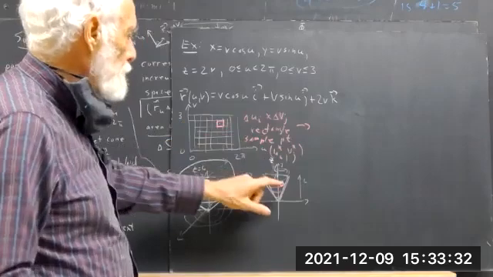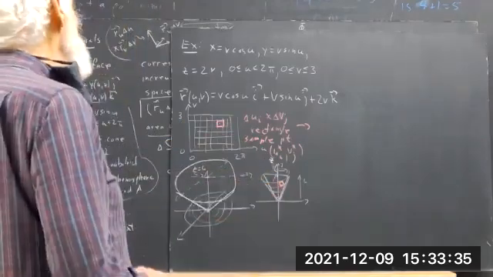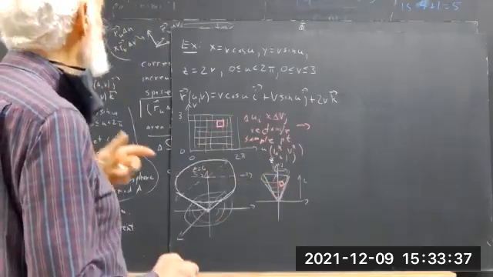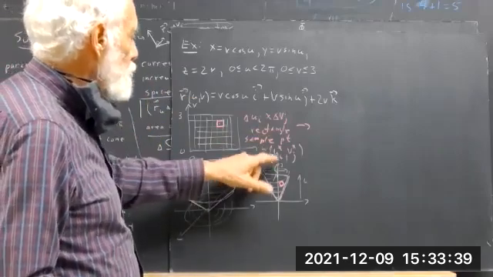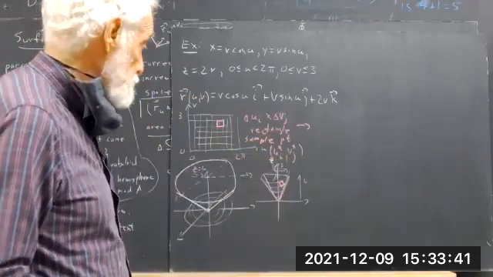This rectangle will map onto this surface to the point X of Ui star, Vj star.